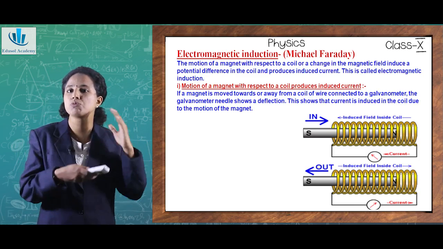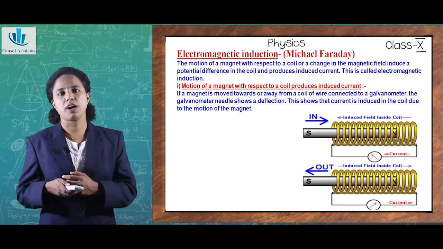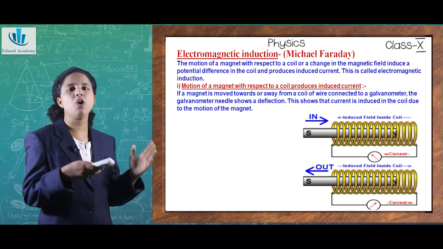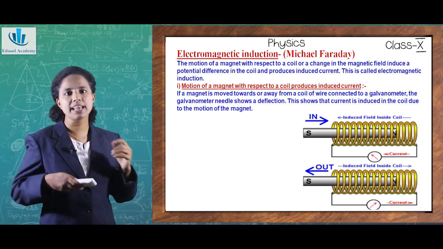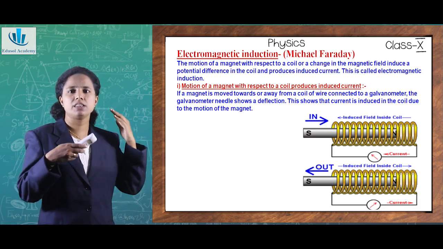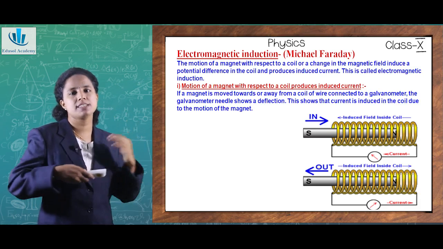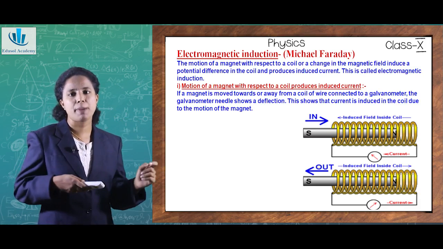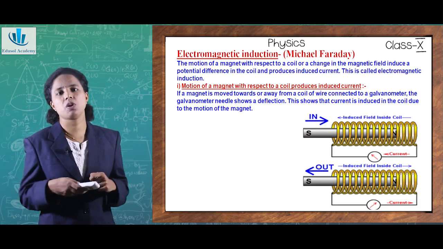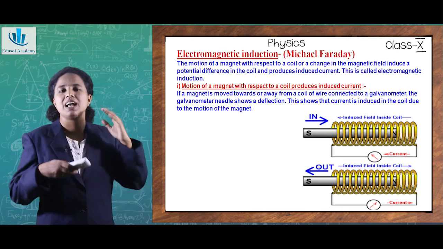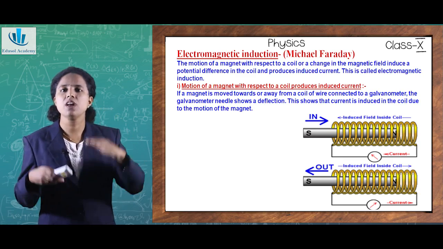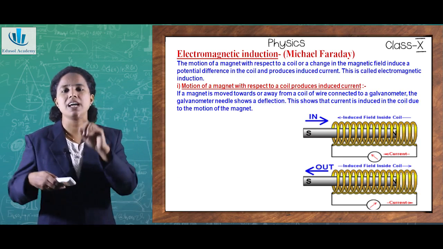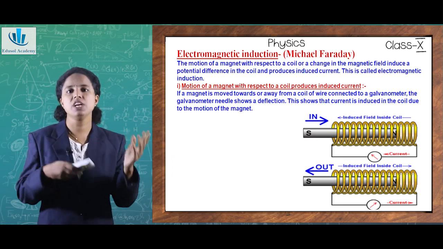If magnet is moved towards or away from the coil of wire connected to a galvanometer, the galvanometer will show deflection. That is, if the magnet is moved towards the coil of wire, what happens? And if the magnet is moved away from the coil of wire, what happens? You can see that the deflection direction will have a corresponding change.